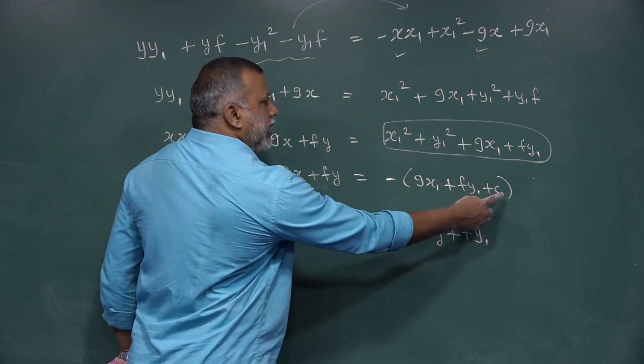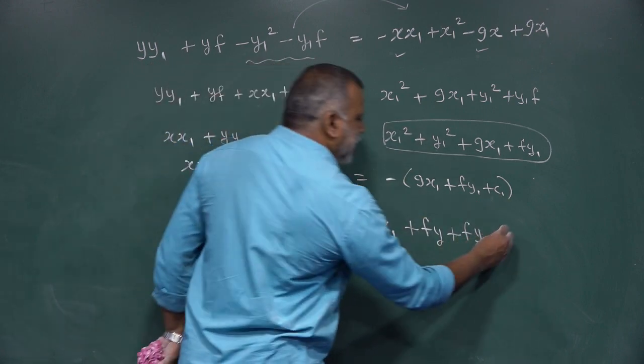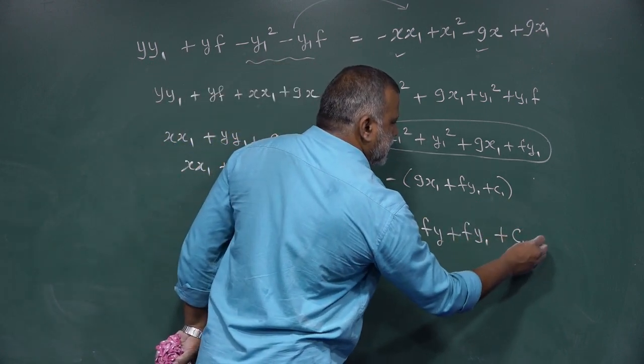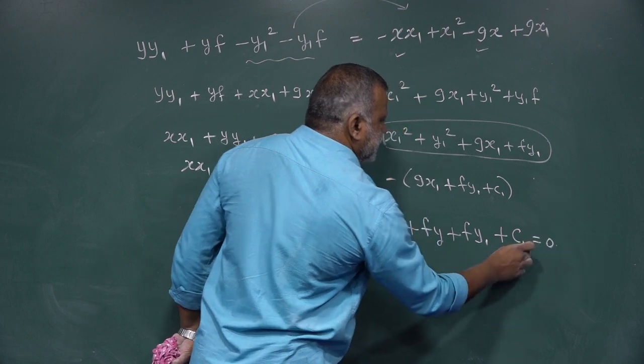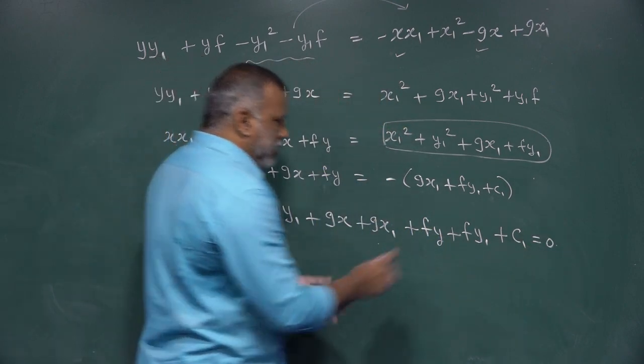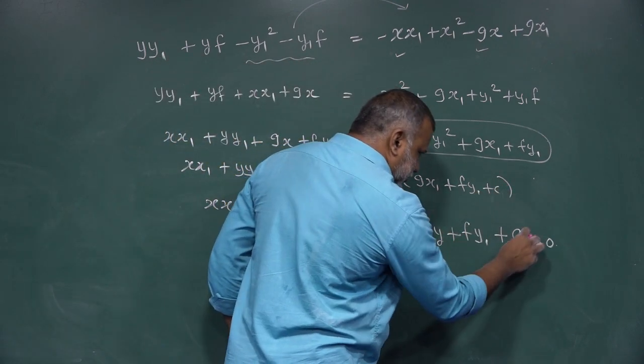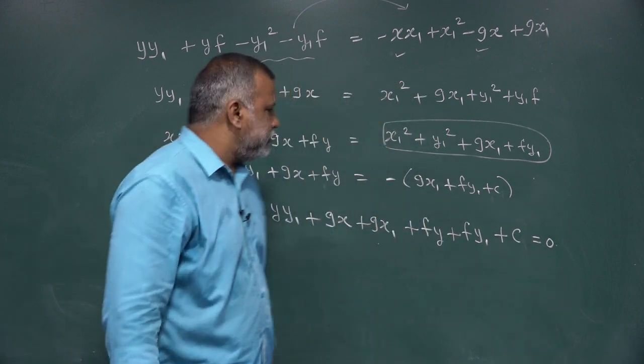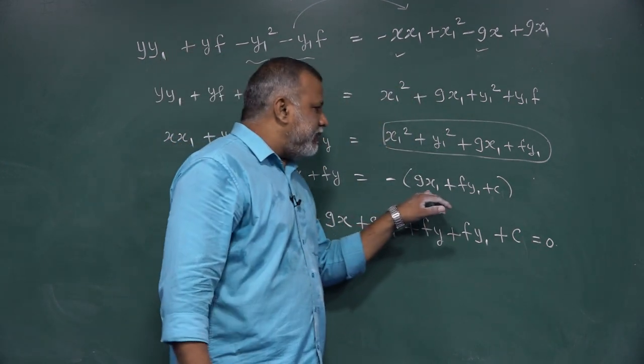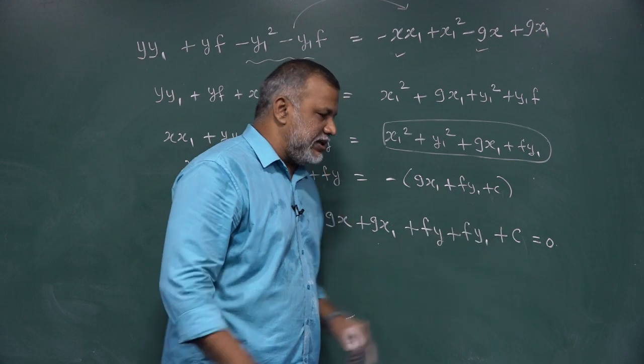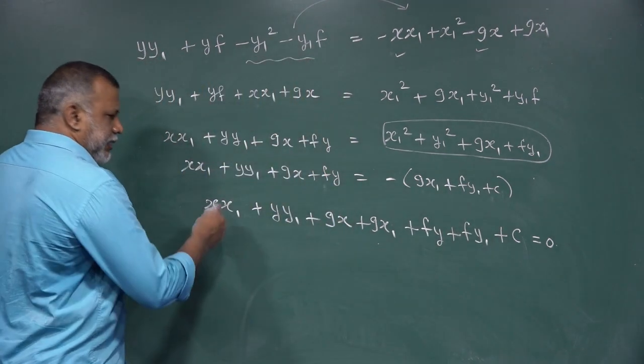One more negative c converted to the other side becomes positive c equal to 0. Sorry, it is not c1, that was a mistake, only c, because we are substituting x1 comma y1 only. c is a constant.